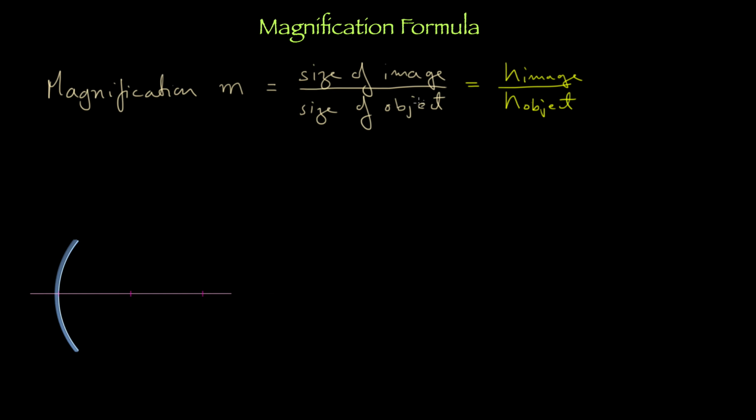We have to have the formula in terms of v and u also. Only one of the heights will be known, because the object is kept: we'll know the object height and we have to figure out the height of the image. So the magnification formula in terms of v and u, and f if at all f is required, we'll put that. Suppose somebody volunteers to help me out in figuring out the formula.